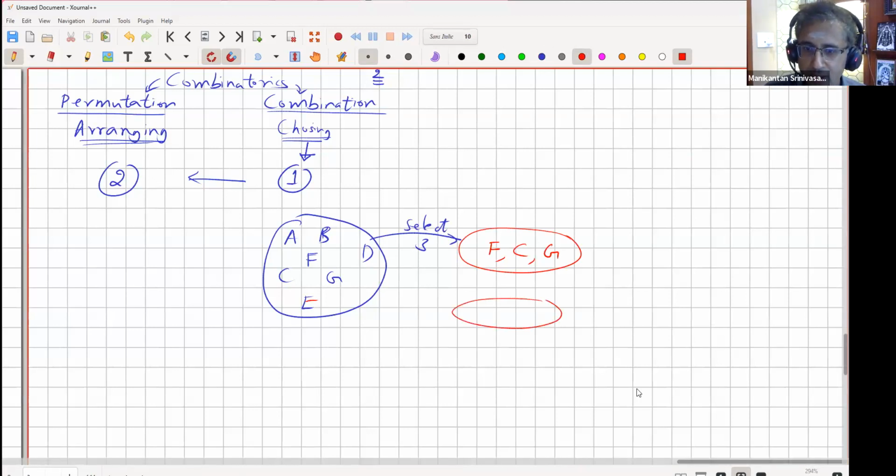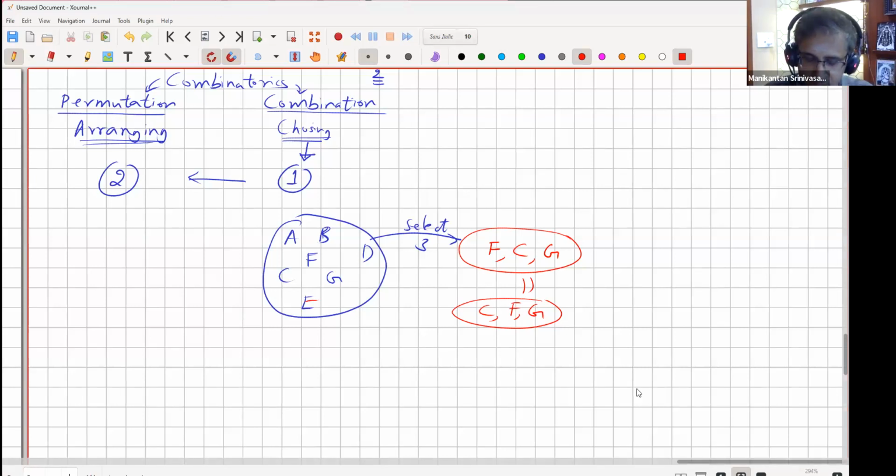In another situation, she could have called out C first, F next, and G. But technically, these two are the same groups because the ordering itself does not matter. Whether she calls F first or G or C, it's still the same group of 3 kids, right?